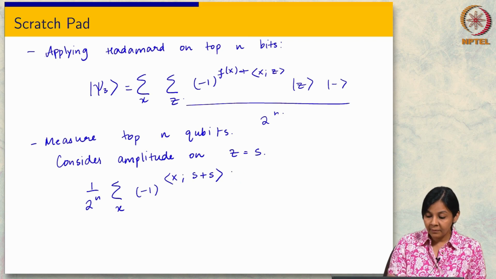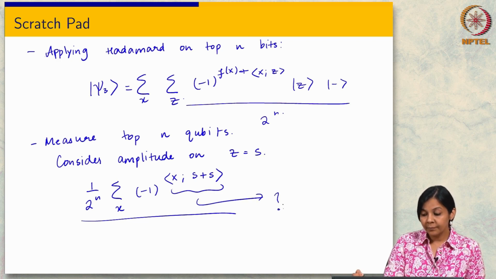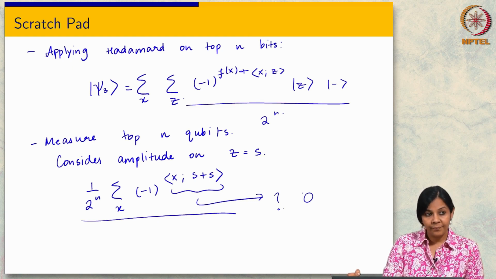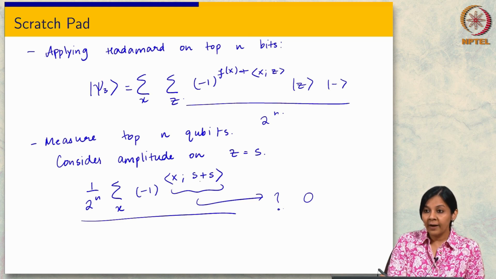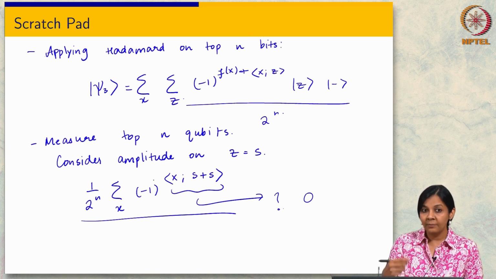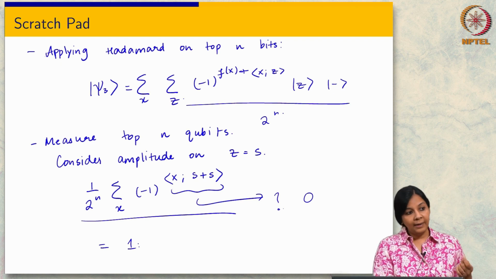This is the coefficient. Now can you tell me what is this term on top? I claim that it is 0. Why? It's mod 2, right, and I got a factor 2 here. So this term is 0. So this means that this is minus 1 to the 0, which means it is 1, and I am summing it 2 to the n times. So that means I get 2 to the n, which will cancel with the denominator and result in 1. Okay. So what was the idea here?